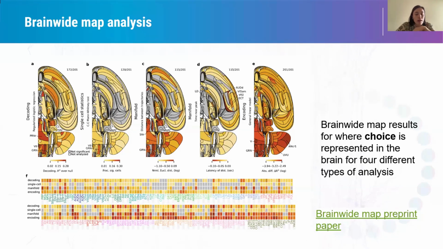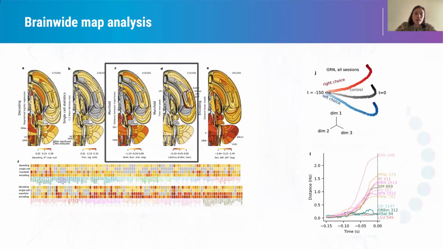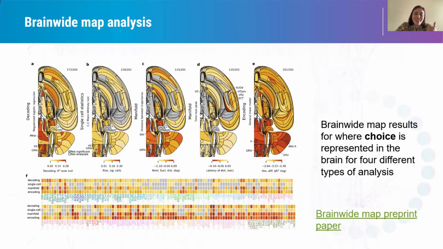So the analyses that we applied included encoding, decoding models, single cell statistics, and also trajectory or manifold analysis. This figure here shows an example of the results for the choice variable.